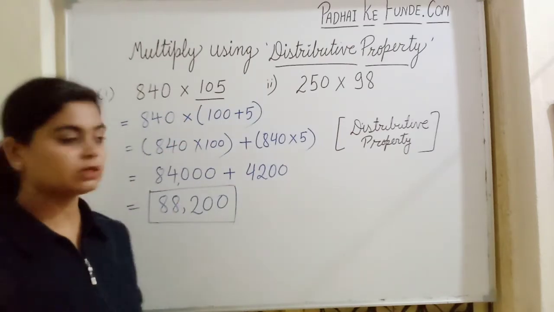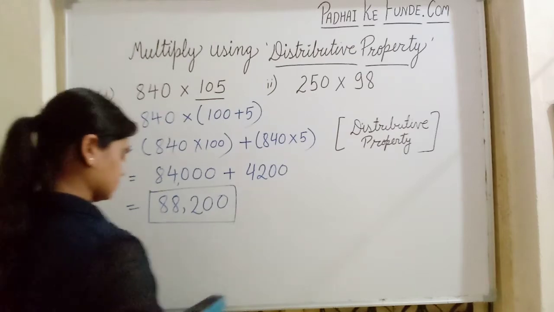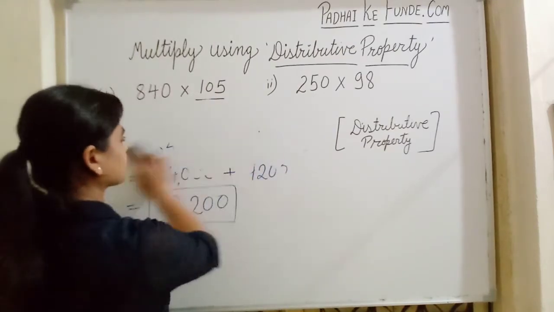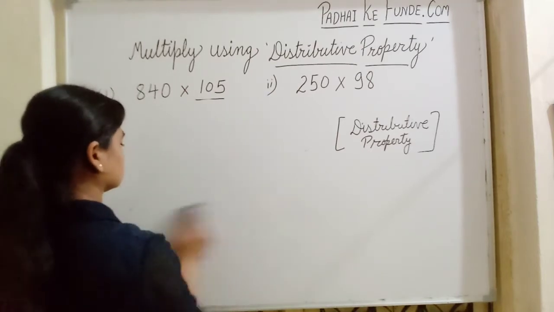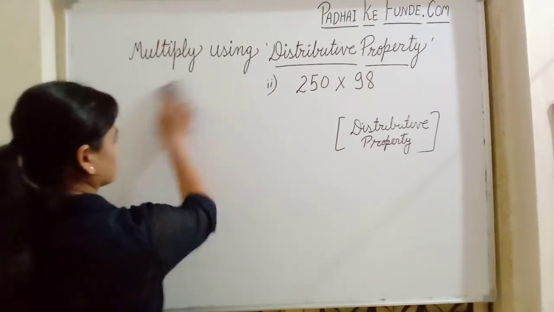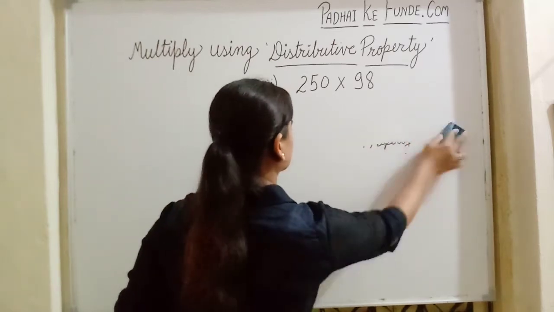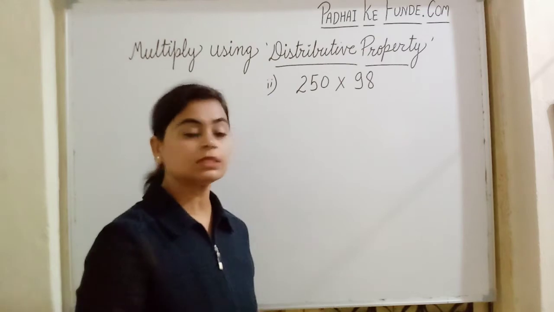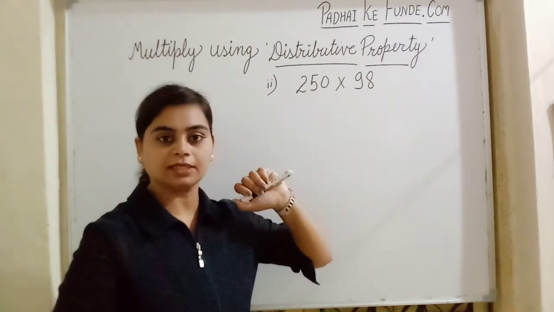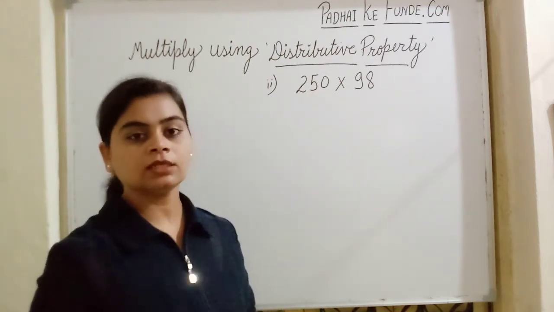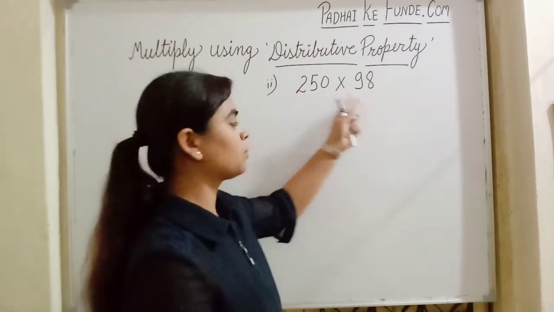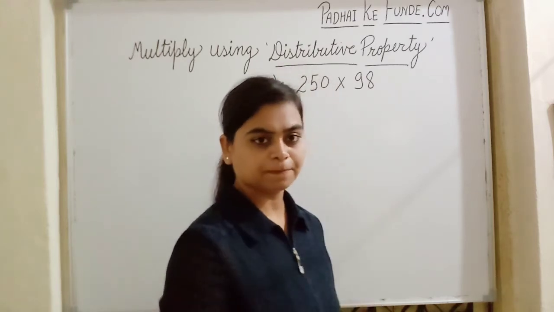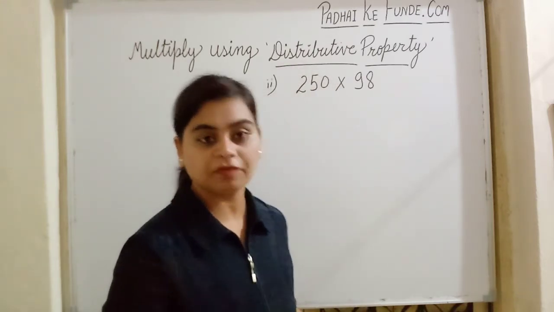Now let us solve our second question. Here we have two numbers, 250 into 98. If we look at both the numbers, we are not getting 10, 100, 1000 or any such number by breaking them up in case of addition.